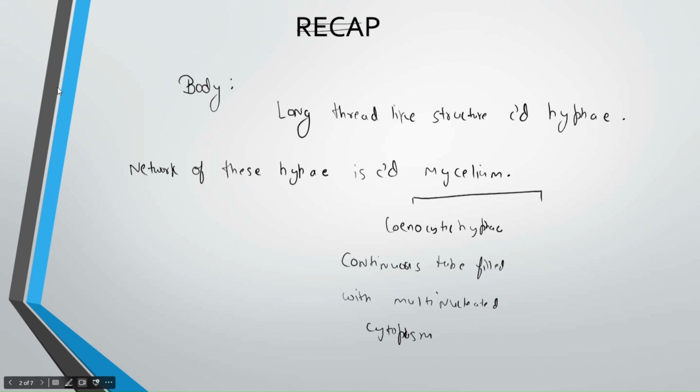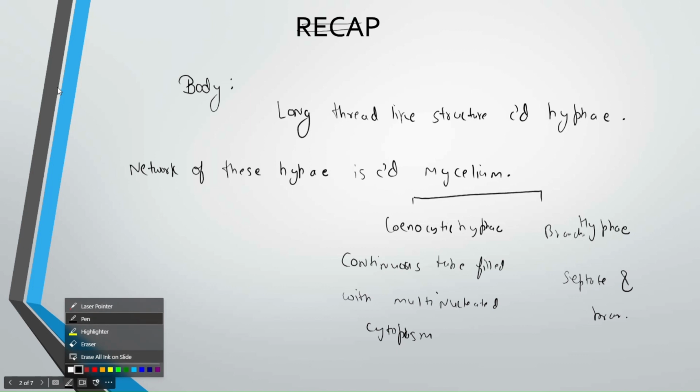The other sort of hyphae are branched and septate. So these are the two types of hyphae. At first we studied the long thread-like structure known as hyphae, then the network of hyphae known as mycelium, then coenocytic hyphae and the branched and septate hyphae.